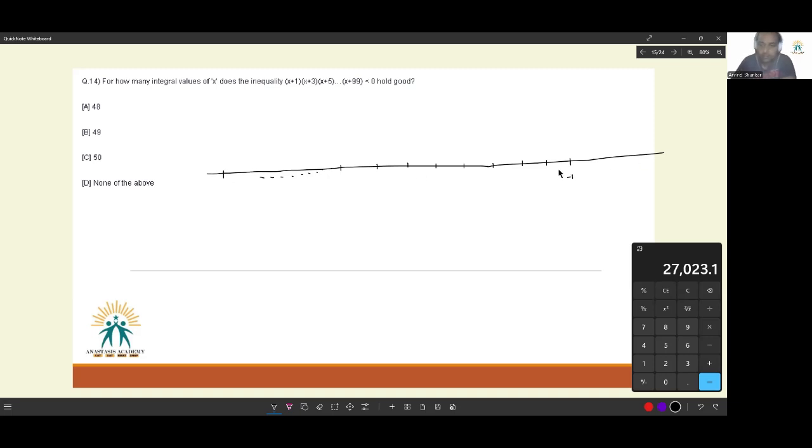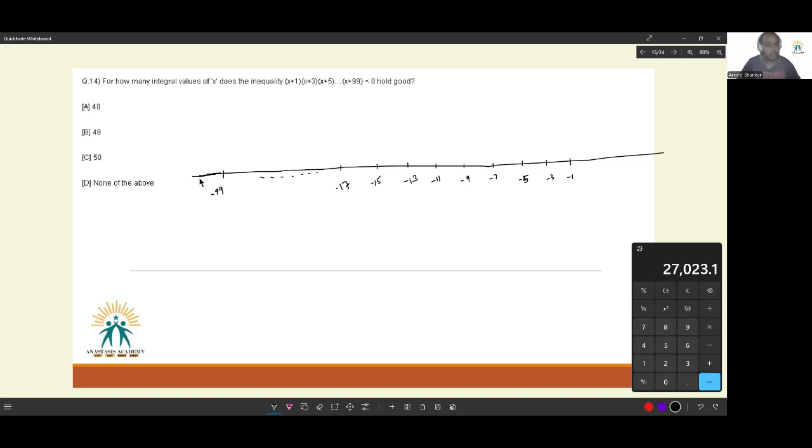But this time they have to be placed this way: -1, -3, -5, -7, -9, -11, -13, -15, -17, and here -99.